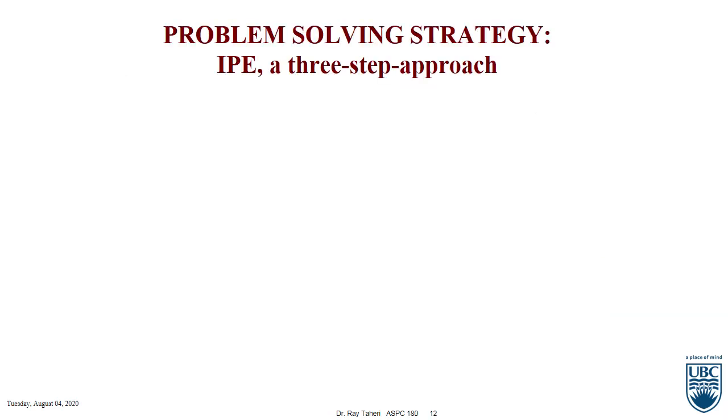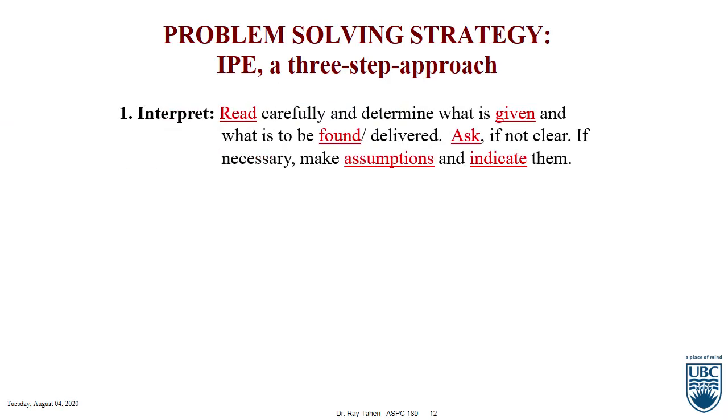So this is what I wanted to talk about: IPE when you deal with solving a problem. When you see a problem, no matter what problem it is, even non-academic, the first thing you should do is try to interpret the problem, identify the problem.